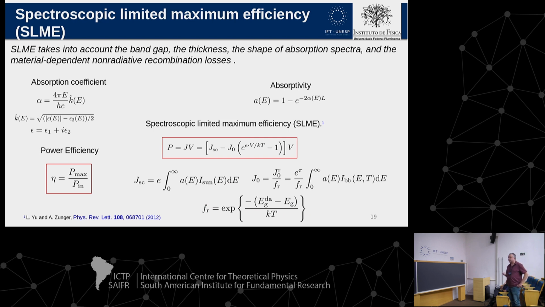However, now Liping Yu and Alex Zunger propose a more sophisticated way to calculate the efficiency, where they take into account not just the band gap, but also the thickness, because we can calculate the absorption coefficient if we know the dielectric constant, and then the absorptivity can be obtained in this very simple model. It will depend, of course, on the thickness.